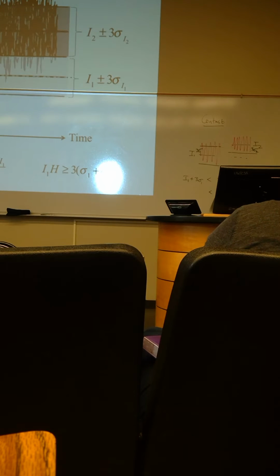So 3 sigma is 30, that is 30%. If you have 10,000 counts, the square root of 10,000 is 100, 3 sigma is 300, and so your 3 sigma is 3%. So the idea would be to get as many counts as you can per second, to make this 3 sigma as small as possible.